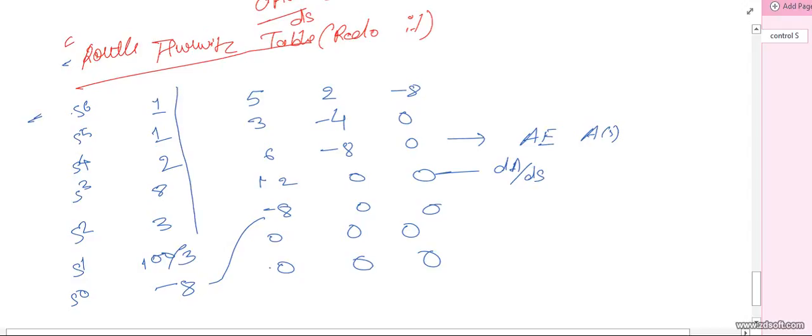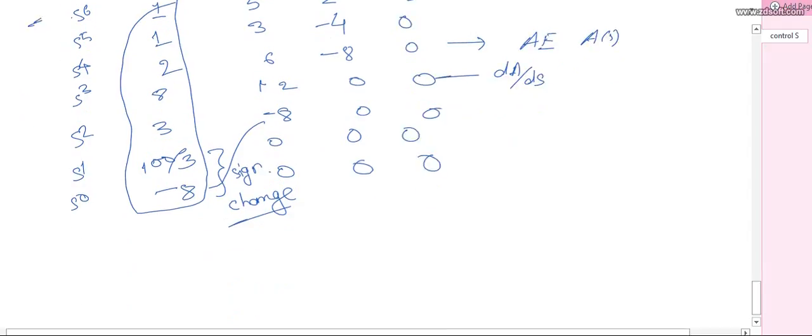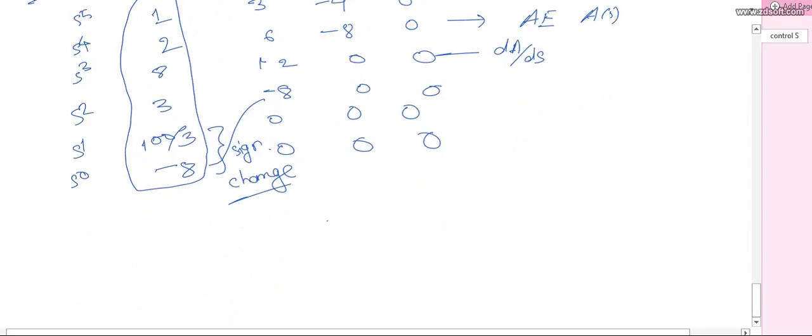Now look at the first column, how many sign changes? So just here if you see sign change, there is just one sign change in this case. So 1 root on right hand plane.